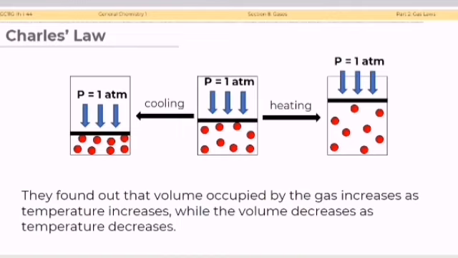In Charles' law, they found that the volume occupied by the gas increases as the temperature increases, while the volume decreases as temperature decreases. It means that there is a direct proportional relationship between the temperature and the volume, and it can be seen on the illustration.